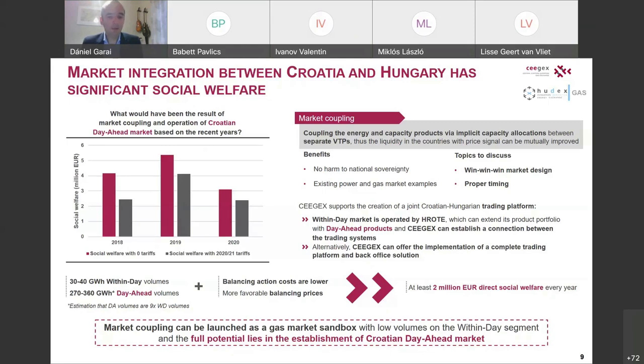Very important, it would come with a significant direct social welfare, because the most important feature of a coupled market is that the cross-border capacities are implicitly allocated, and this is a much more efficient way of cross-border capacity allocation, and provides a much more liquid market between the two countries.